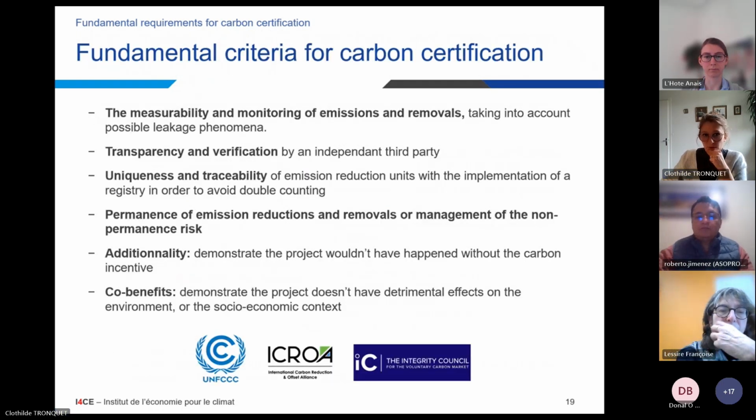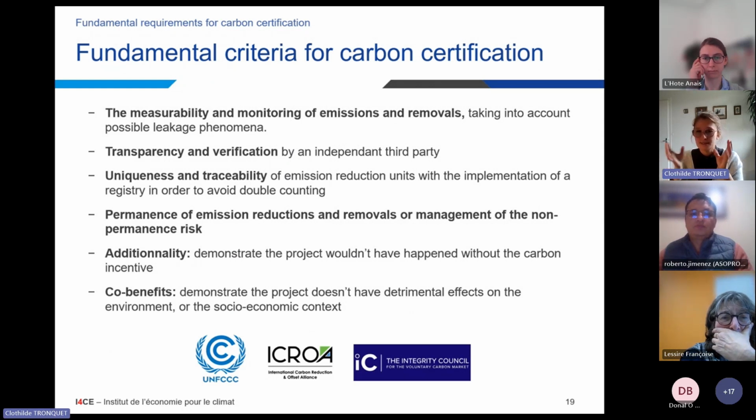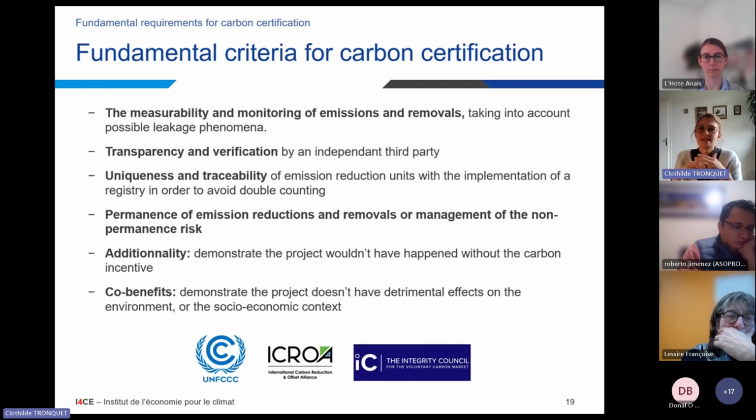Then carbon certification schemes all go with a set of quality criteria that has been the same for over the last 20 years to ensure the environmental integrity of the project. This is what we call monitoring, reporting, and verification, MRV. This set of criteria was really introduced right from the beginning with the Kyoto Protocol.